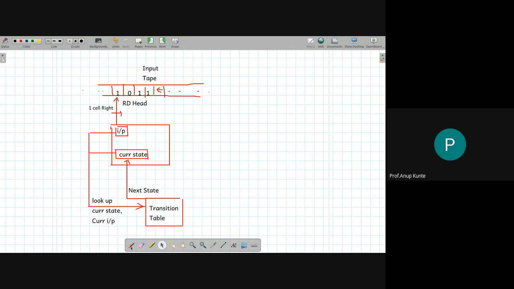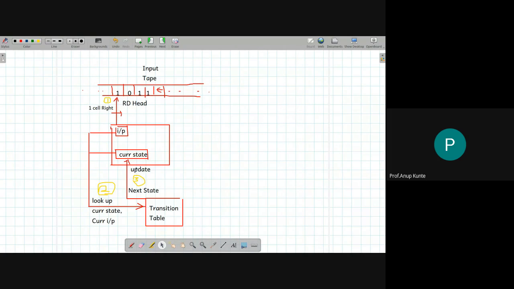The first step the device takes is to read a symbol from the read head. The second step is the lookup. Third, I update the next state. What am I updating? The variable stored inside this box, the current state.